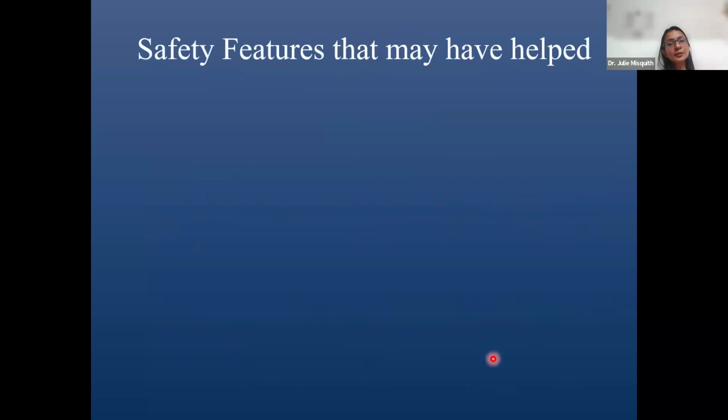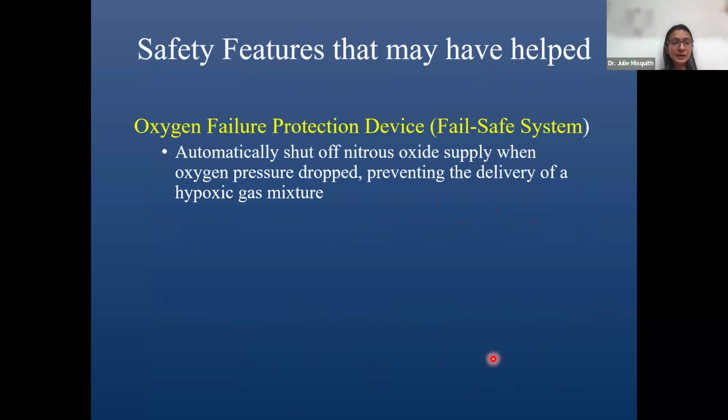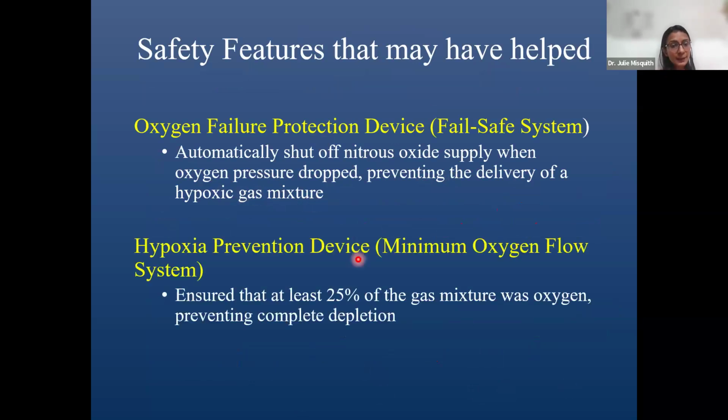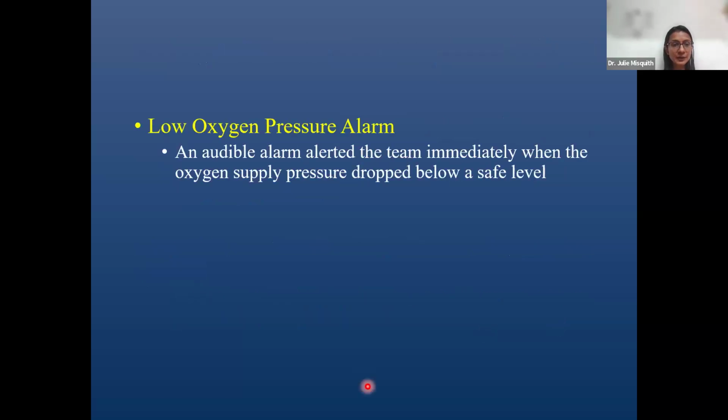Now, what are the safety features that may have helped? The first safety feature may have been the oxygen failure protection device, which automatically shuts off the nitrous oxide supply when the oxygen pressure drops. Then the hypoxia prevention device, the minimal oxygen flow system, which may have ensured that at least 25% of the gas mixture was oxygen, preventing complete depletion.